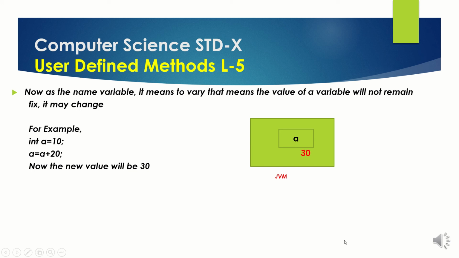So these are variable examples: how it is declared, what a variable is, and why it is called a variable, because the value does not remain fixed always. It may change or it will change. Okay, let's move on to the next slide.